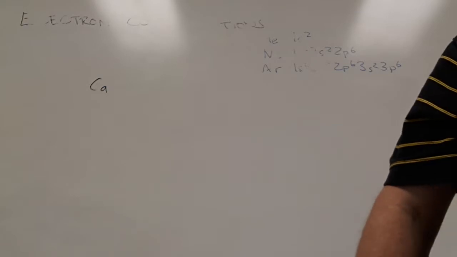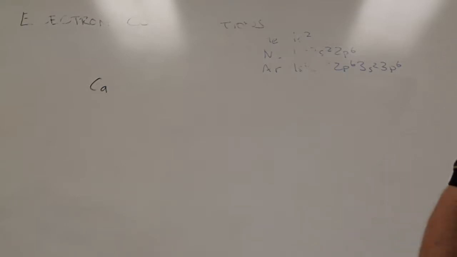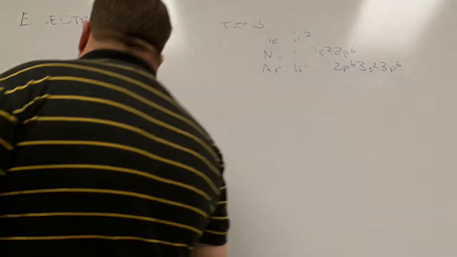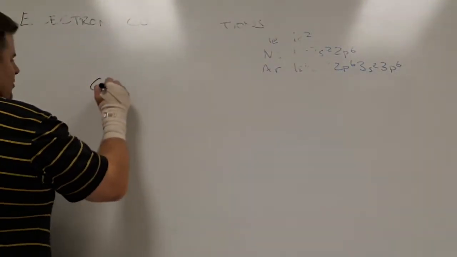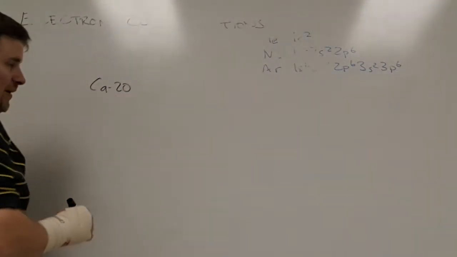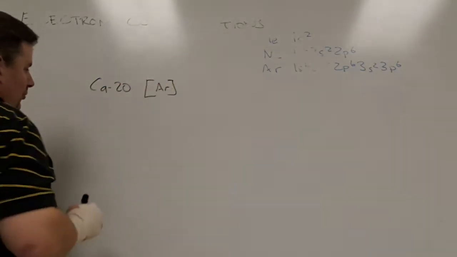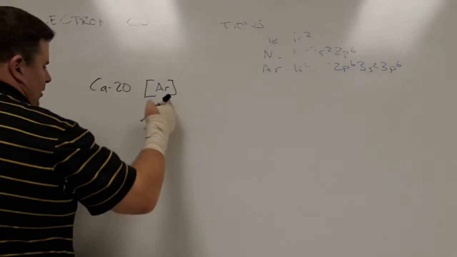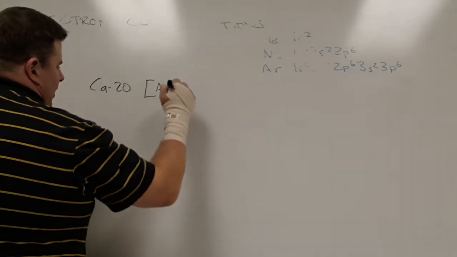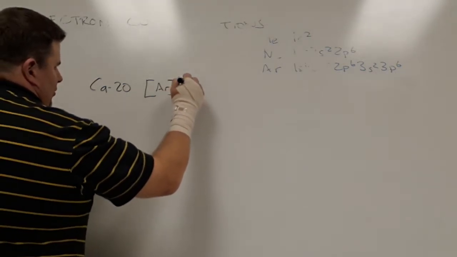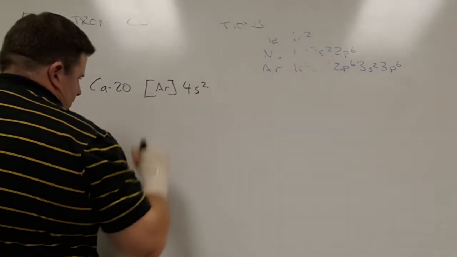I'm not holding up that thing again. I'll tell you what. Calcium's number of electrons is 20. That's good news because that's above argon. So I can use the noble gas shortcut for argon here. Argon, right? And now at this point, calcium, I go up to 4s2.